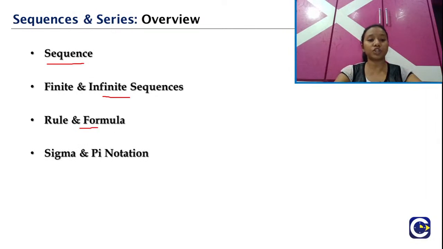And then we are going to see the sigma as well as the pi notation. When it comes to series, the sigma notation will be very, very important, because series has something to do with the sum. So sigma notation will be important when we are talking about the series part.